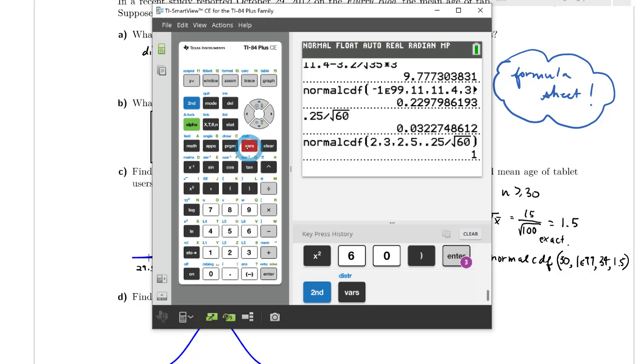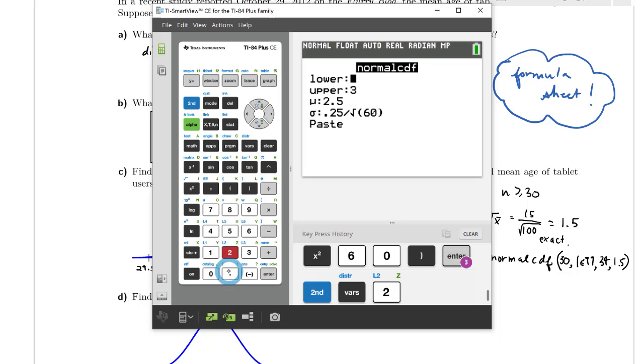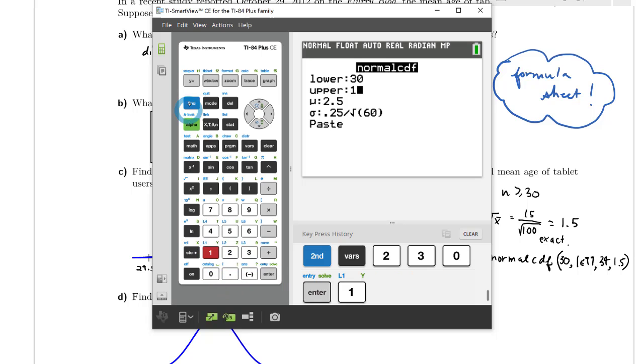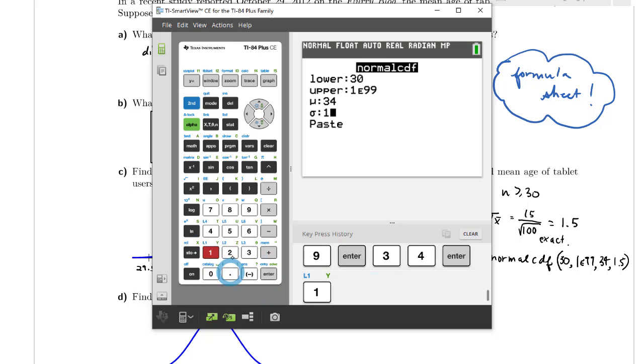Let's go to second distribution, normal CDF, and 30 is the lower, upper is 1 second, comma E99. The mean is given to be 34, and the standard deviation is 1.5. Or you could put 15 over square root of 100.